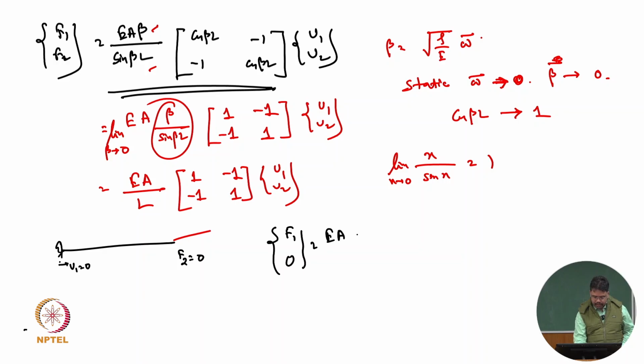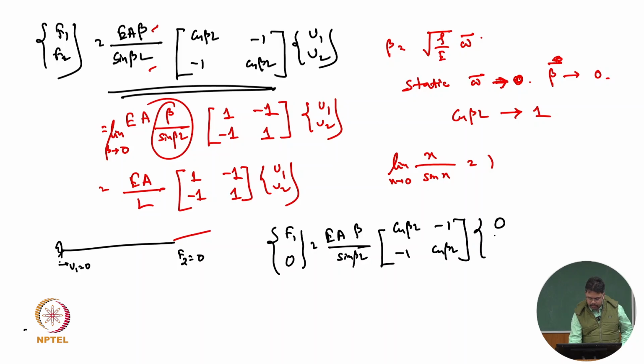Now I have EA beta by sine beta L into [cos beta L, minus 1; minus 1, cos beta L] times [0, U2]. U2 will also have some value. Think of a single degree of freedom system: you just give some displacement and you leave it. This is how it works.